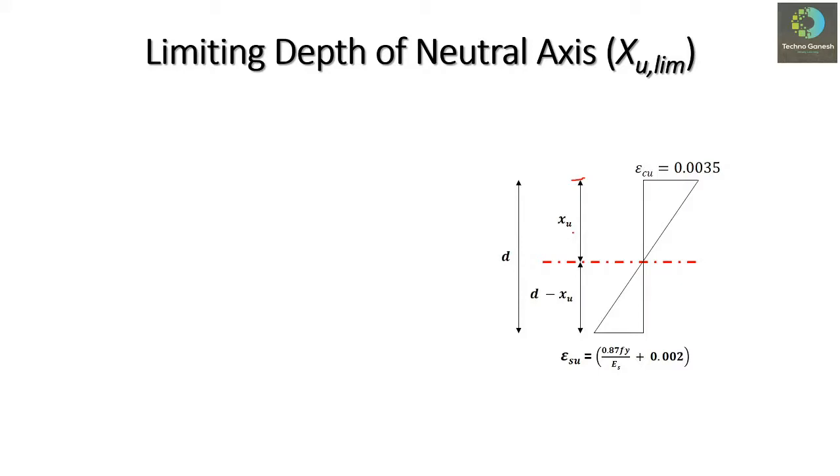First is mild steel, that is Fe250 grade. Then HYSD bars, in which we are using Fe415 and Fe500 grades of steel. In this lecture we are going to find the values for these three grades. So for mild steel, that is Fe250 grade of steel, let us calculate the value of xu limiting.